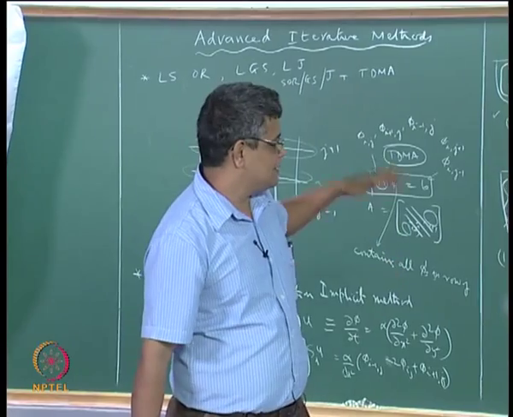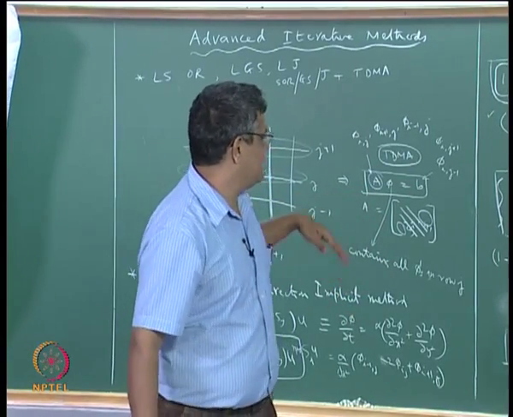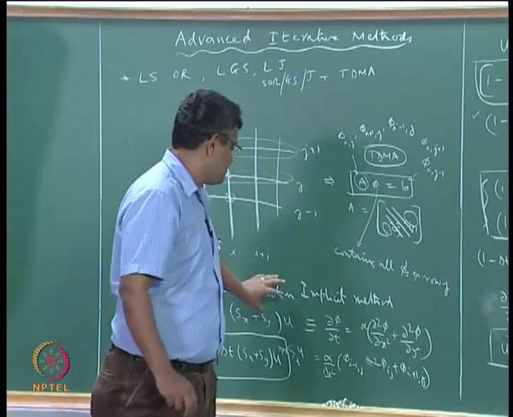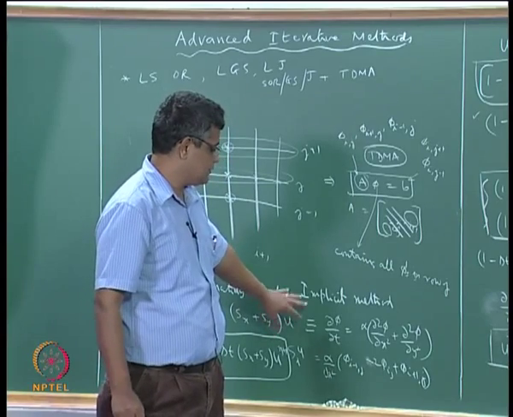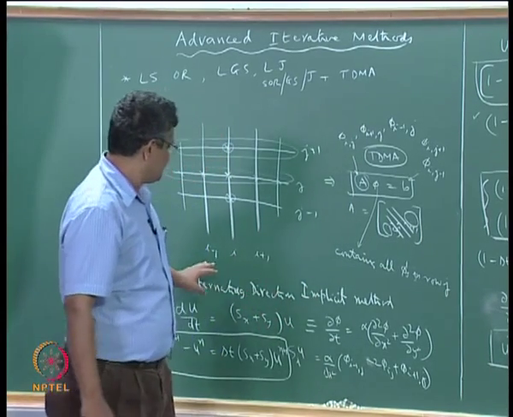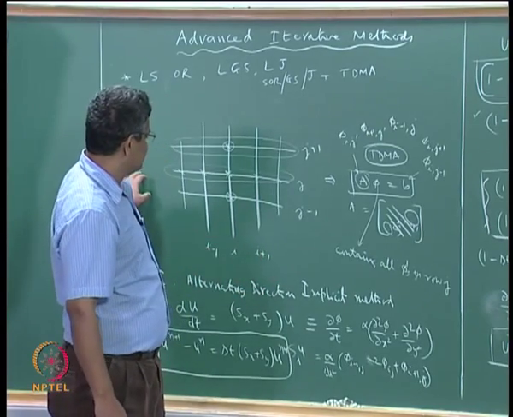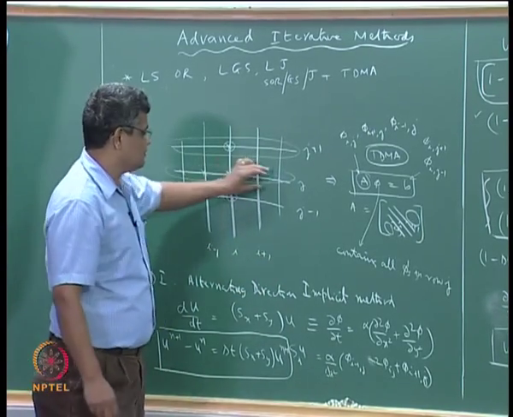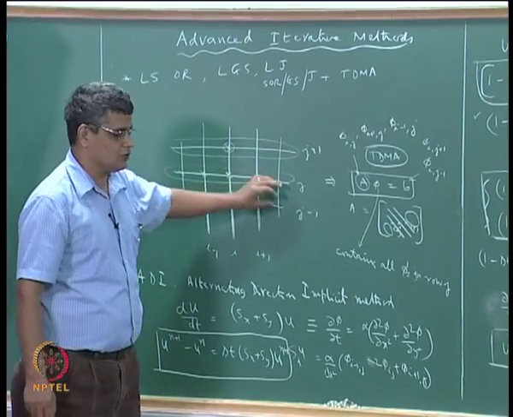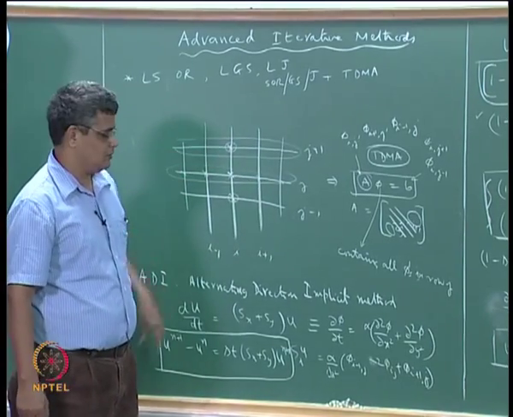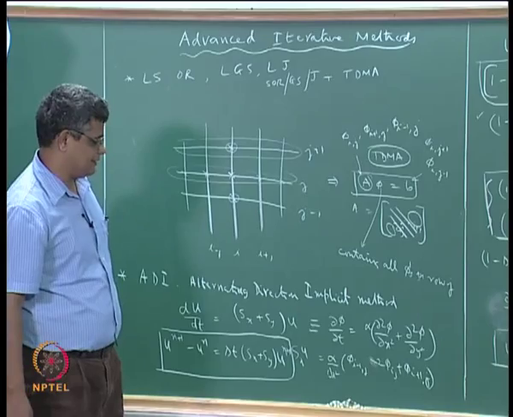So this is one advanced iterative method which incorporates the features of ADI of TDMA scheme to take account of all the variables that are appearing in one row or one column or in the z direction like that.